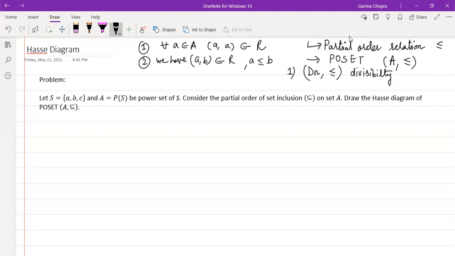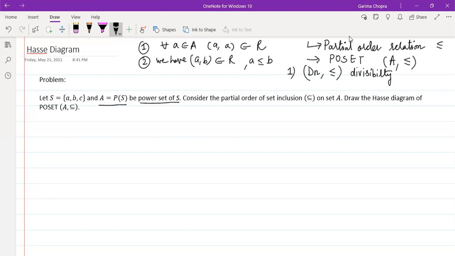Here the problem is, let set S have three elements A, B and C, and we are considering another set A which is the power set of this given set S. Since set S has three elements, the power set of S, this set A, will have 2 raised to power 3, 8 elements.